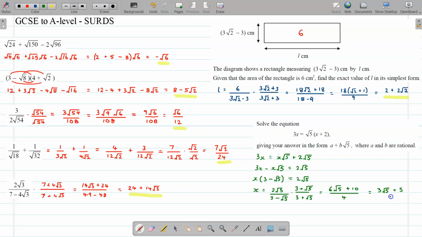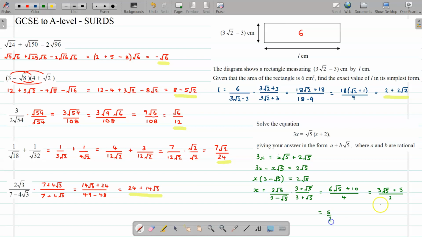Now, if you look at the question carefully, they're asking you to present the answer in a particular form. It's asking you to write it as a plus b root 5, where a and b are rational. So what I have to do now is rearrange it into that form. The a part is 5 over 2.